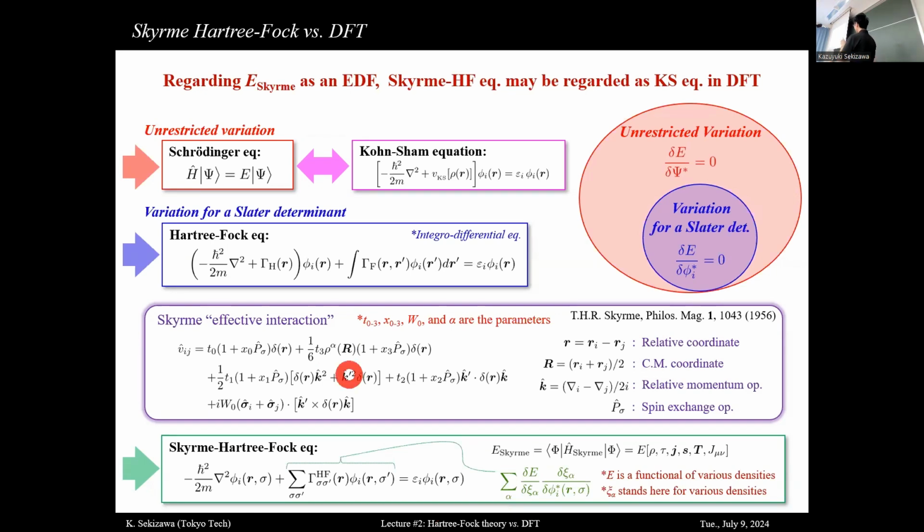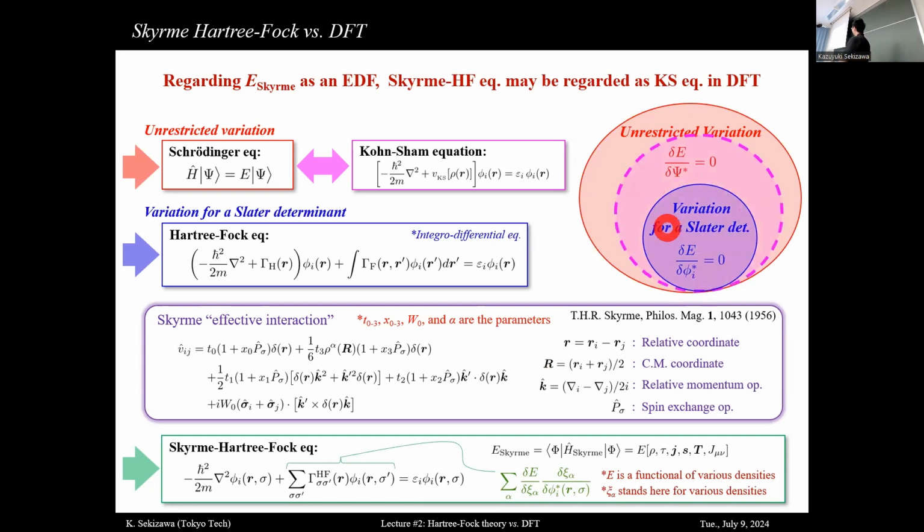This is also the reason why we should regard this as DFT, not Hartree-Fock, because the Hamiltonian is not well defined. So this is behind the wonderful success of Hartree-Fock theory in nuclear physics, and it should be regarded as density functional theory.